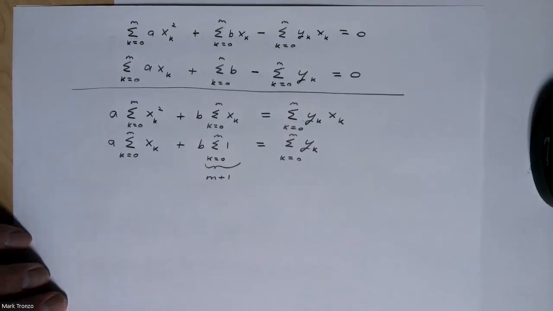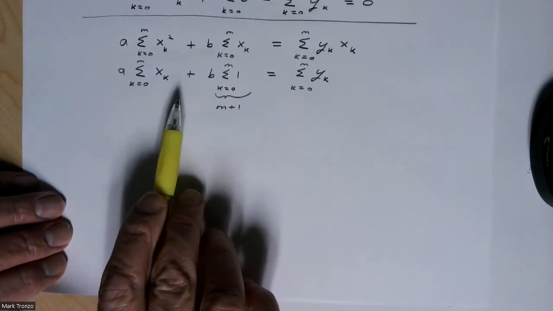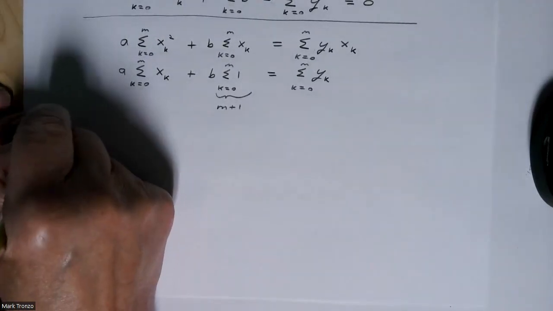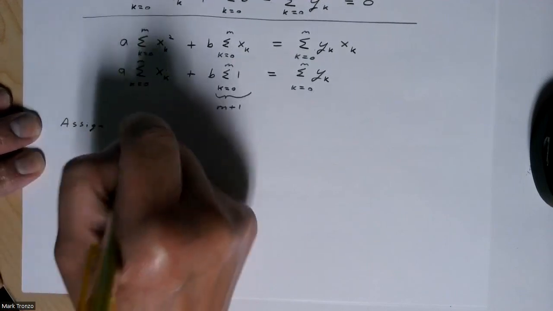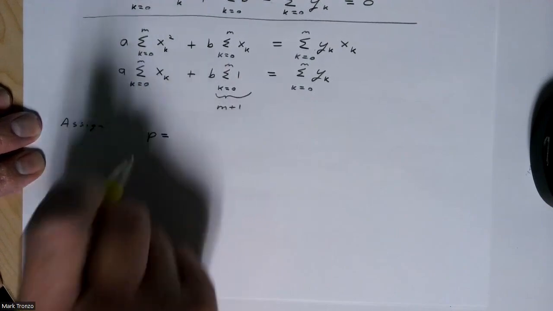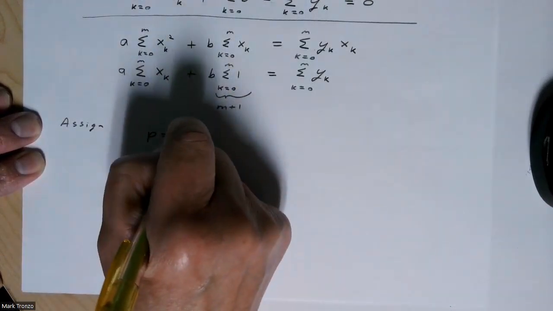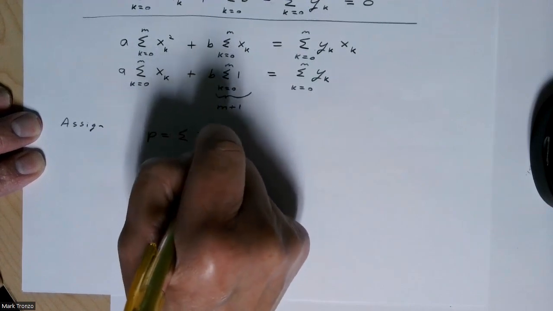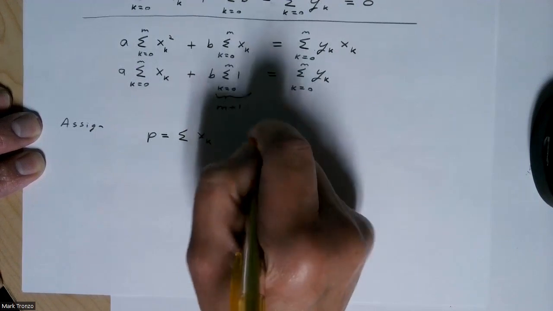And just to simplify things, let's assign some names to each of these. Again, this is the standard way to do this. Assign P to this summation here. I'll assign Q to this one.